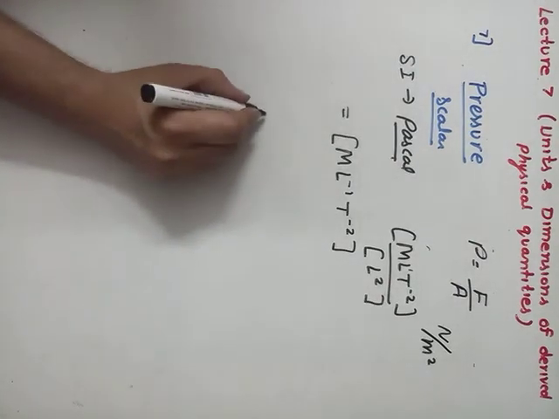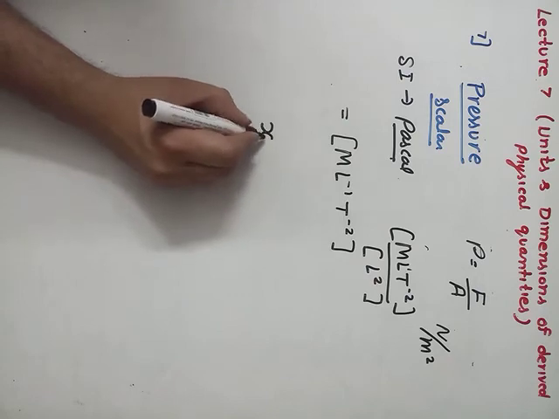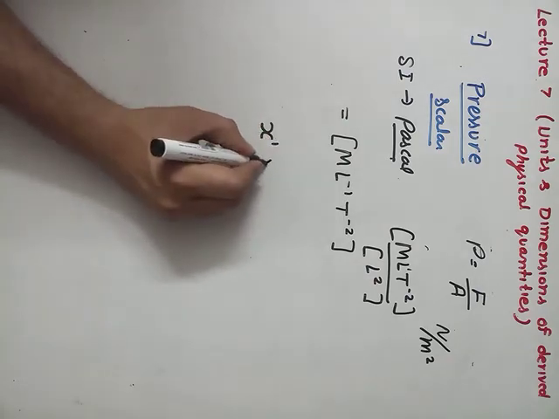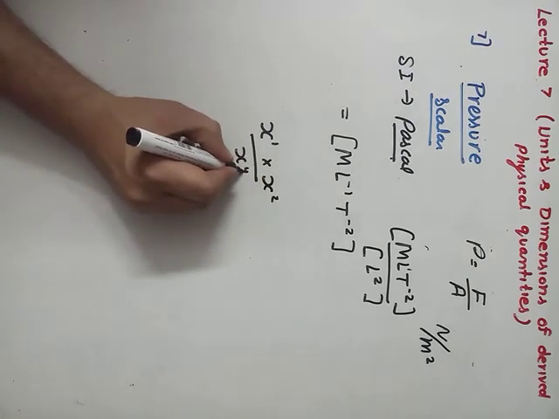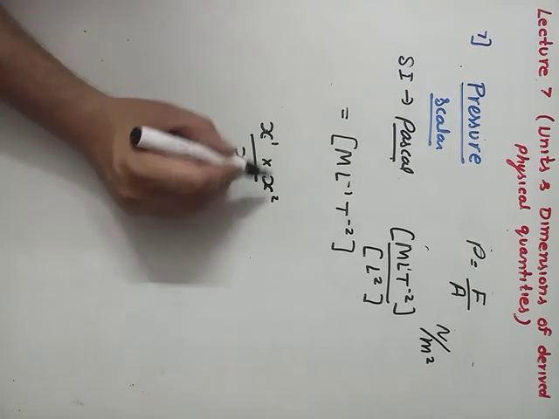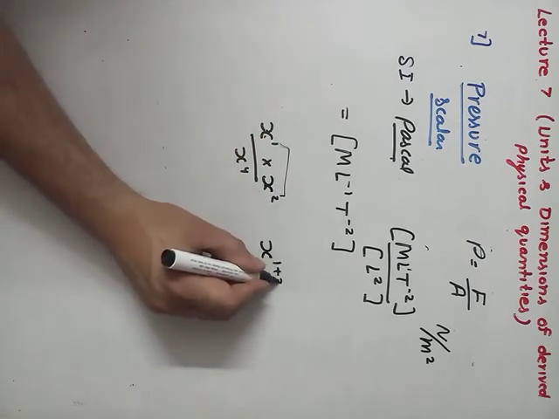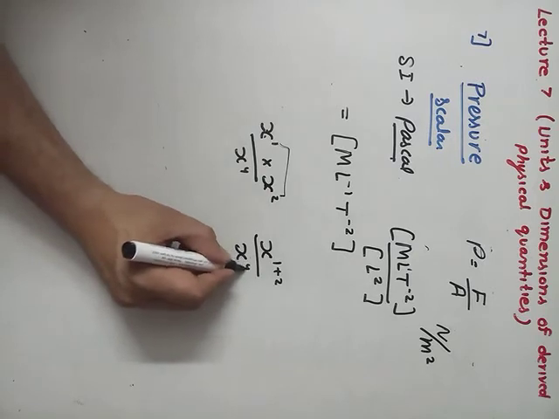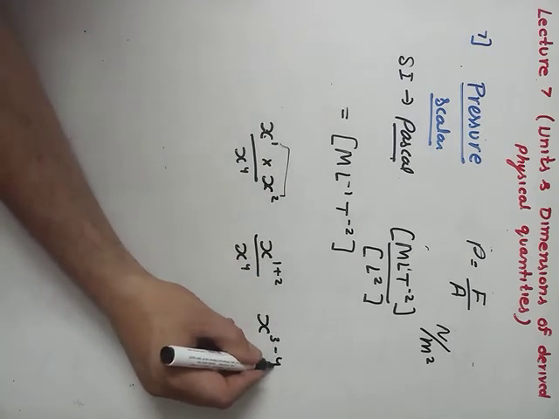You have to keep in mind, suppose we have x1 into x2 upon x4. When it is in product, the powers simply add. But when it is moved from denominator to numerator, the power is subtracted, minus 4.